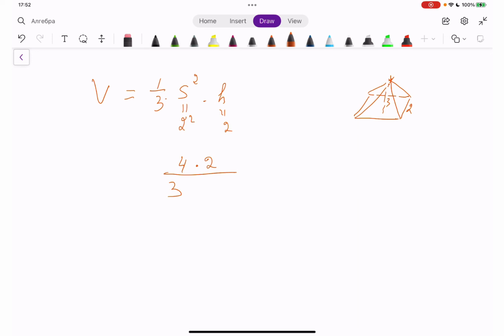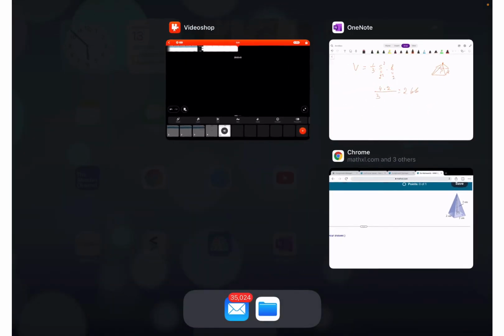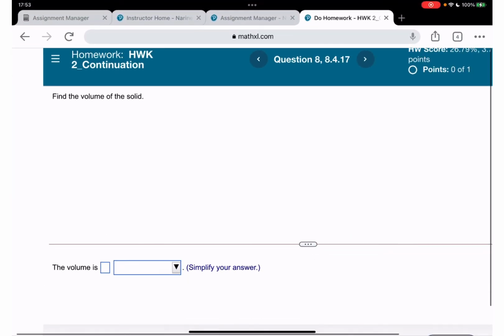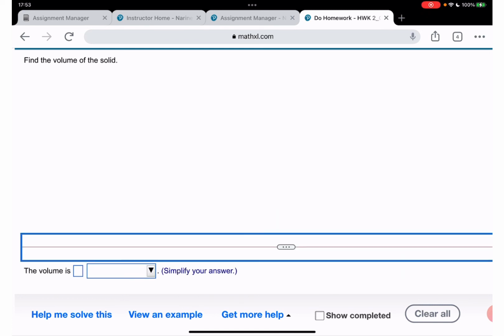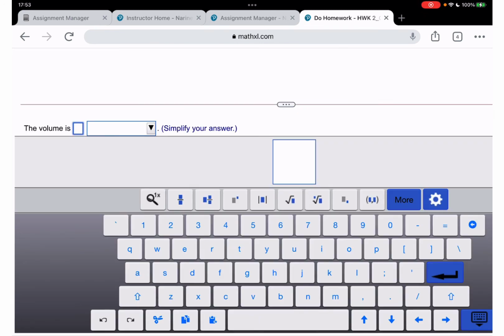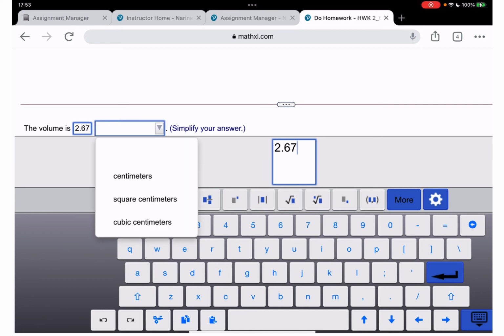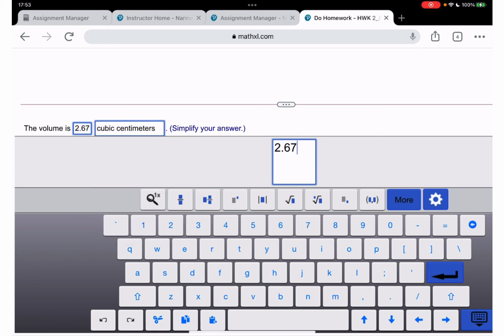Eight divided by 3, we are going to get 2.66. Let me see. So 2.67, I'm going to round it, and it's going to be cubic centimeters.